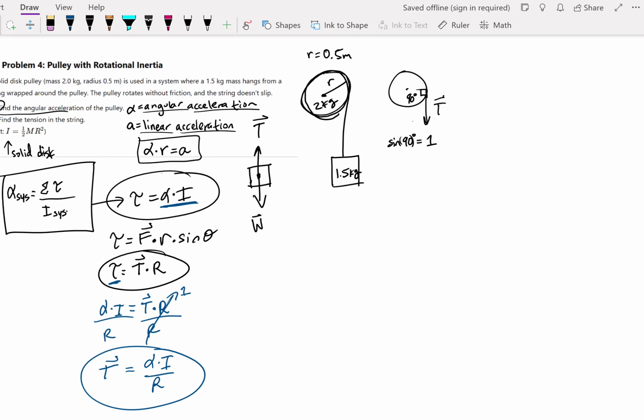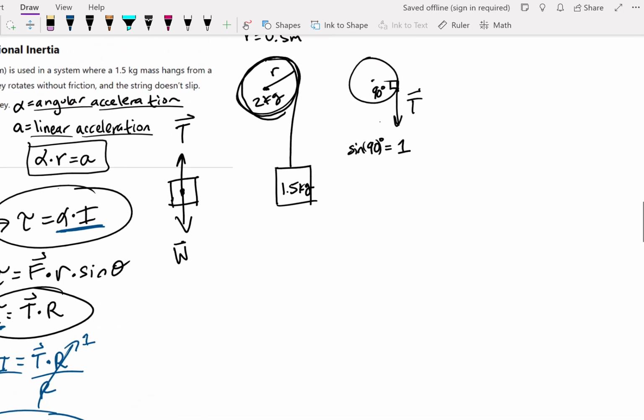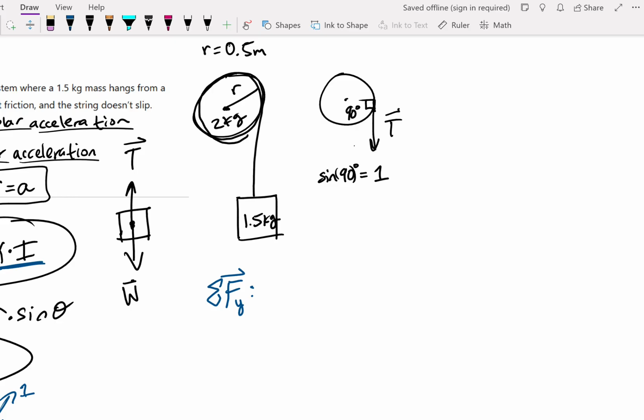And now our next step is to break down the forces in the y direction, the sum of the forces in the y direction. Let's call down our positive direction and up our negative direction.